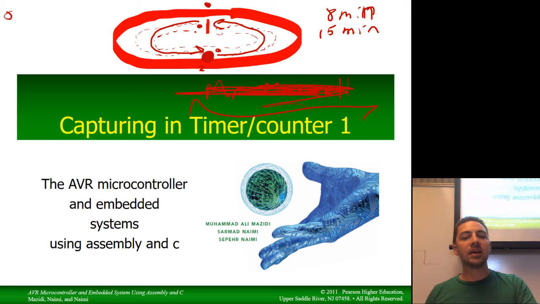If she told me it was 3 minutes here, and then I was told 8 minutes here, what does that tell me about my speed on the first half versus the speed on the second half? Yeah, I ran a quarter mile in 3 minutes, and then I ran another quarter mile in the remaining 5 minutes. Okay? So that's duty cycle for you.